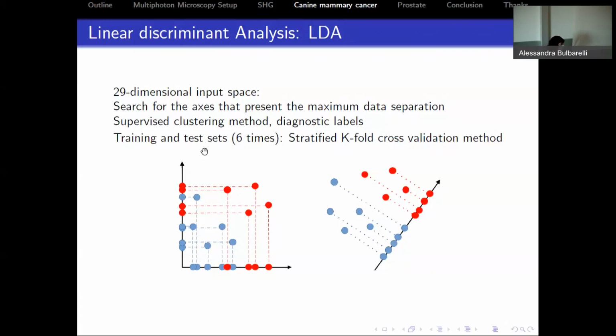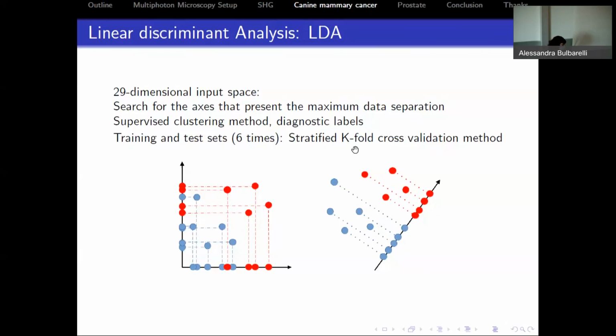Then we separate all the images we acquired, about 400 images, into 6 sets, where we use 4 as training sets and 2 as guess sets to test if we are selecting the data properly.